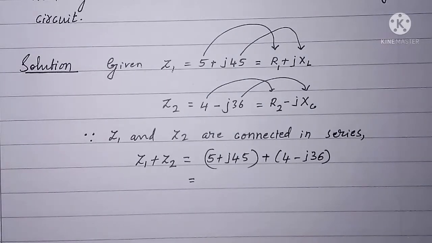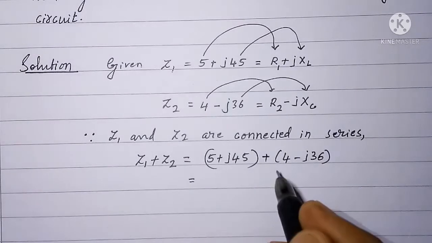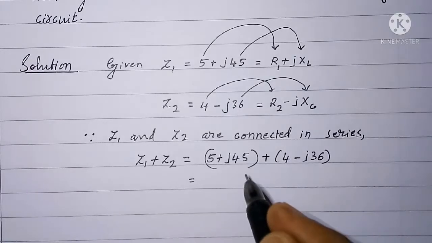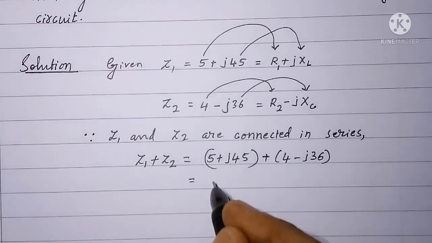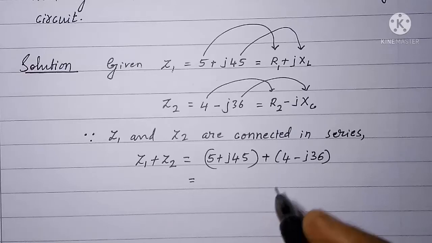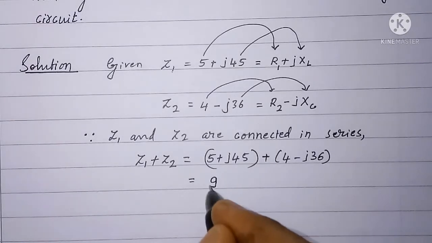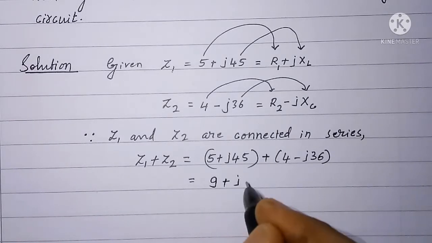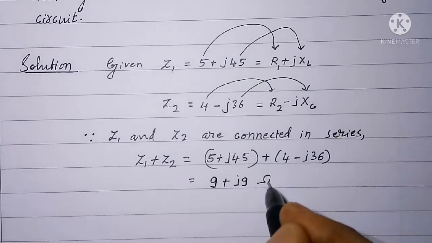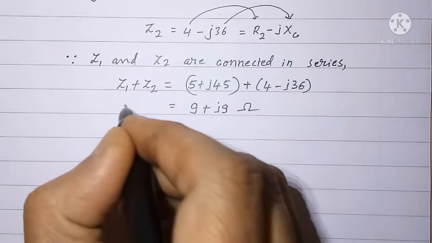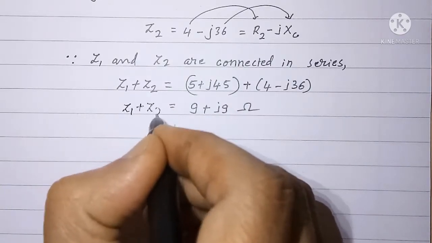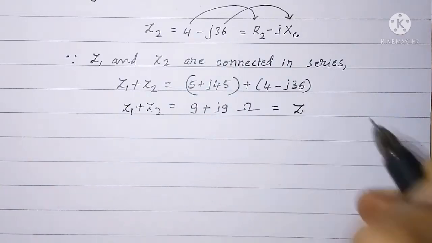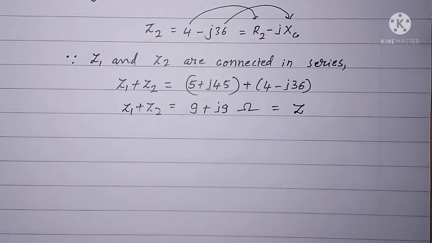I have taught you already how to make use of calculator to add phasors. On simplification, you will be getting 9 plus J9 ohm. And let us say this Z1 plus Z2 is equal to total impedance of the circuit, capital Z.